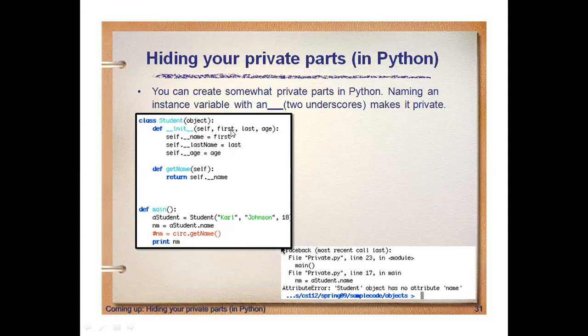Last name is equal to last, age is equal to age. Now I have another method here, but is this method private? No, because I didn't put any double underscore here. This means it can be accessed outside this class also.